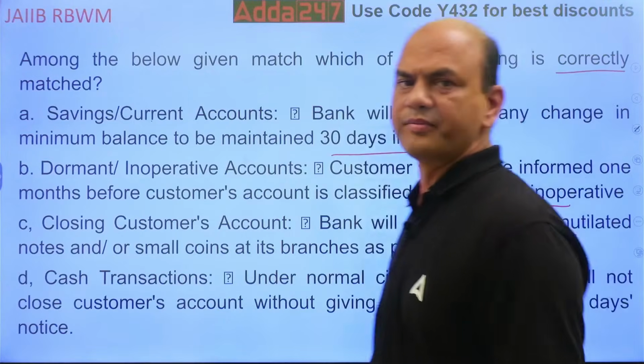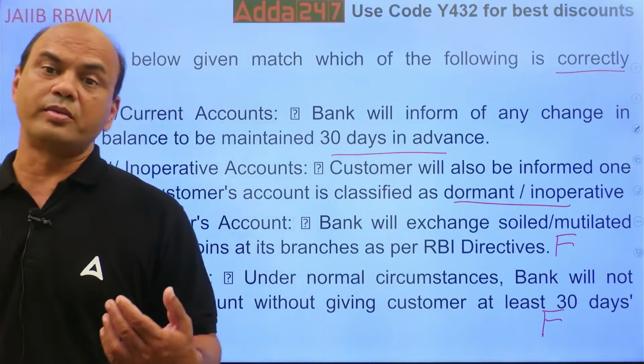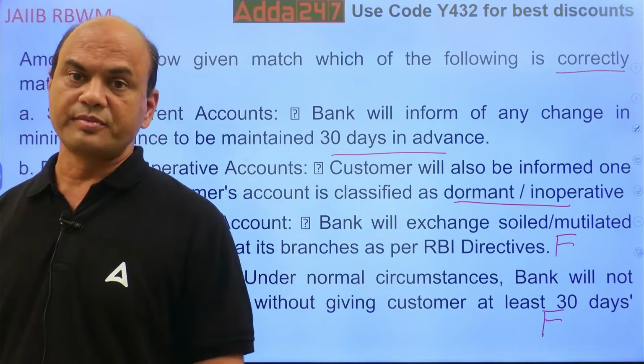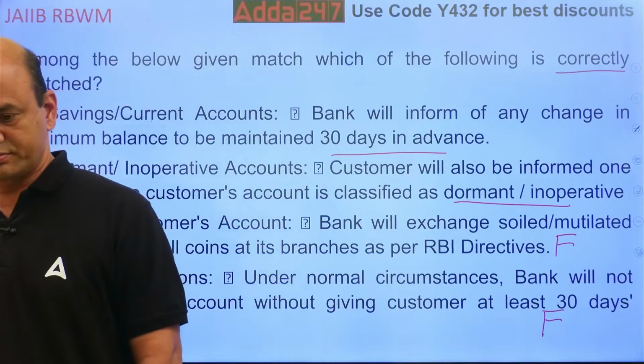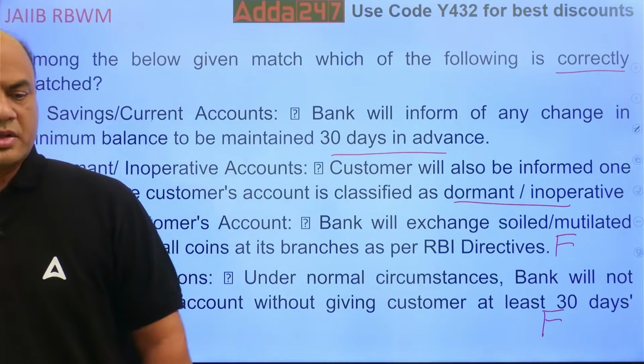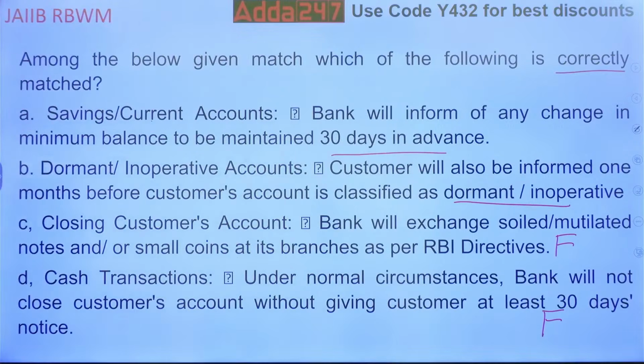So again 1 month. So which is true over here? Is the dormant account to be informed 30 days or is it the above one? Think over it, everyone. This is tricky, really tricky.